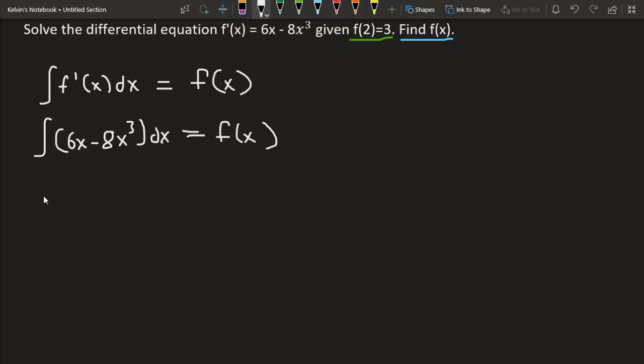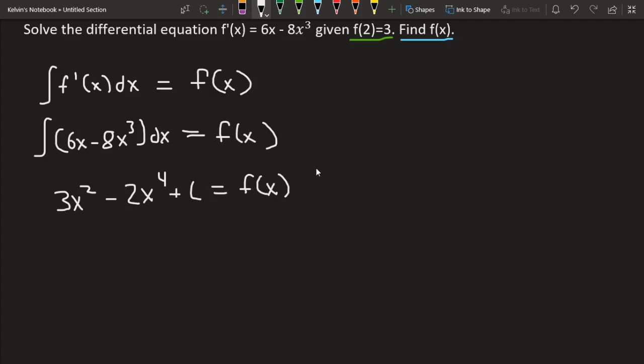And this right here is simply equivalent to 3x squared minus 2x to the fourth plus c, and this is equal to f of x.